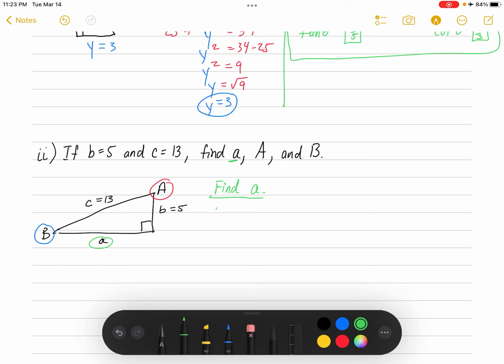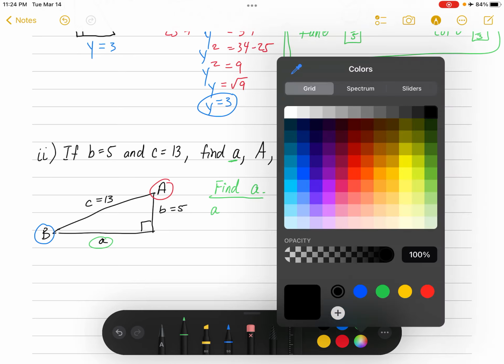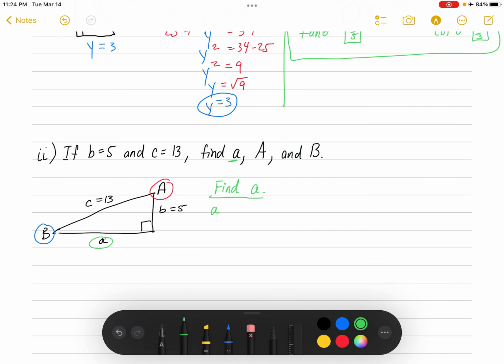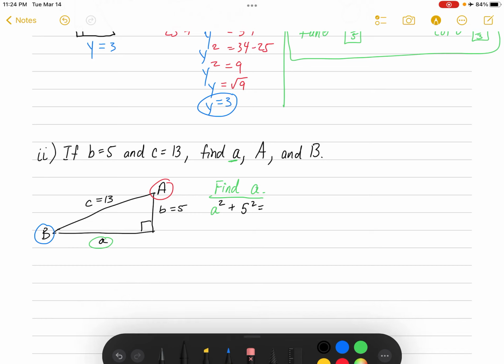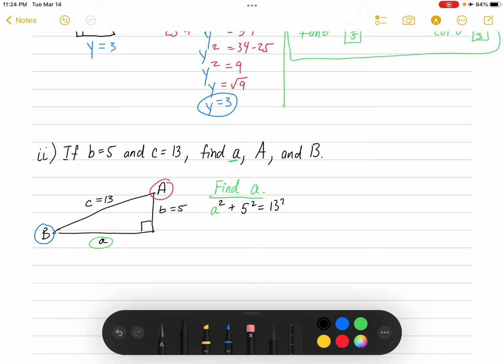So we know that a squared plus b squared, 5 squared, equals c squared, 13 squared. So a squared plus 25 equals 13 squared, which is 169.